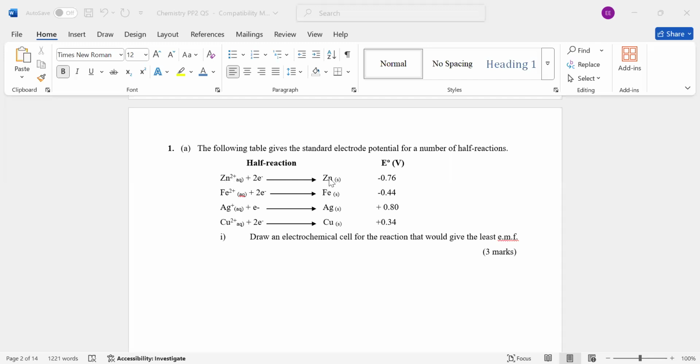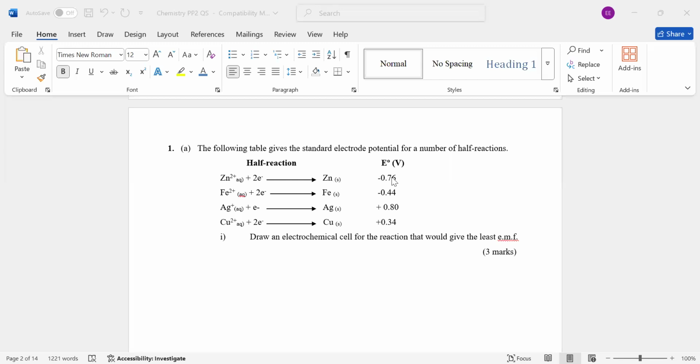We talk about the agent itself, which is in solid state. Just like when I asked about the strongest oxidizing agent, I was given silver. That is very correct. The strongest reducing agent in this case is also very correct, but you give it as zinc, which is in solid state, because the agent is not an ion.